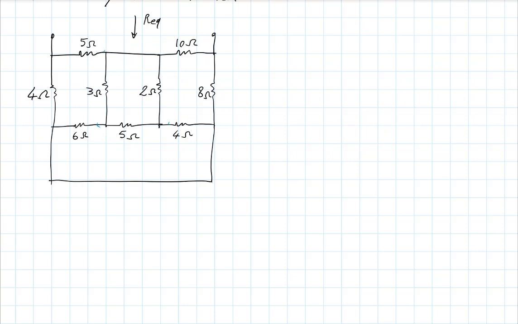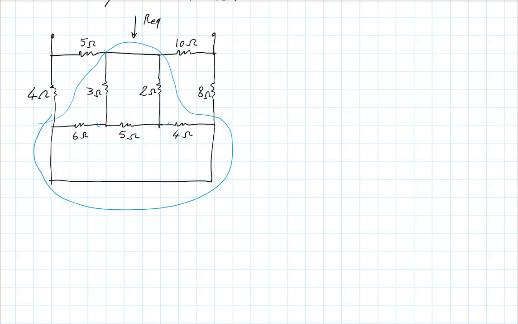Is there something else that I can, maybe a bigger chunk that I can recognize? What do you guys think about this? Does this look like something? Like a Wheatstone bridge, right?